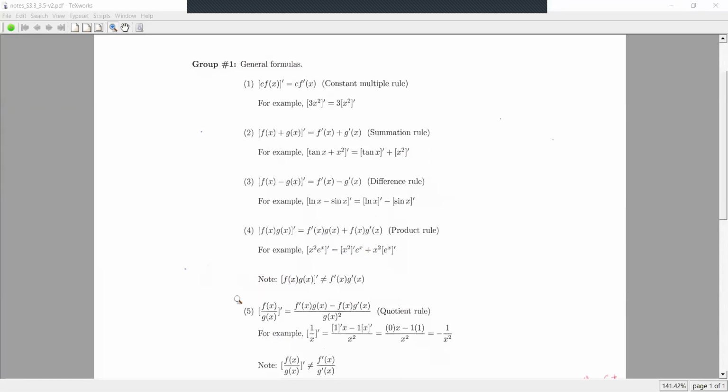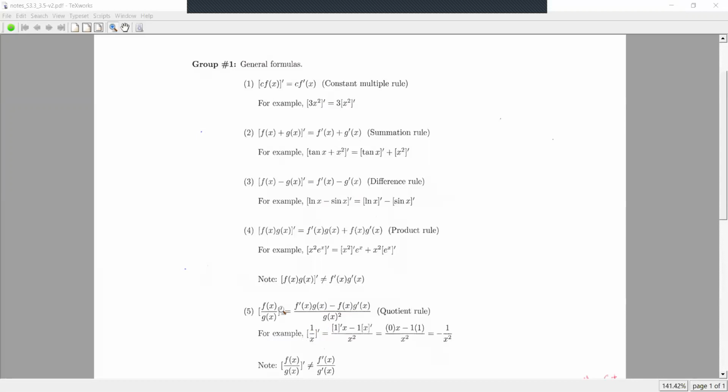The fifth formula, quotient rule. Derivative of a quotient is the derivative of the numerator times the denominator minus the numerator times the derivative of the denominator, all divided by the square of the denominator. For example, 1 over x, this is a quotient.